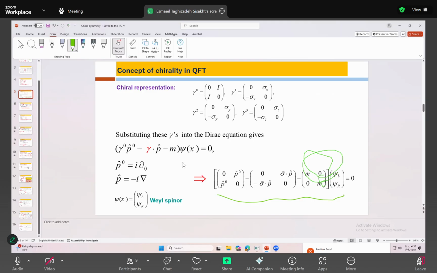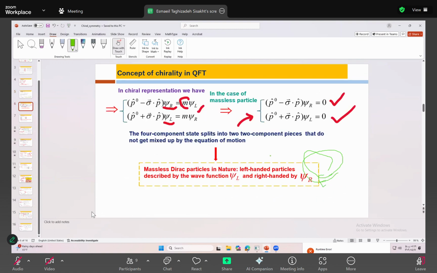If we rewrite everything of the massless Dirac particle in the quantum field theory, finally we arrive at this one. Actually, this one is when we have mass, and in the massless limit, finally we have this equation.